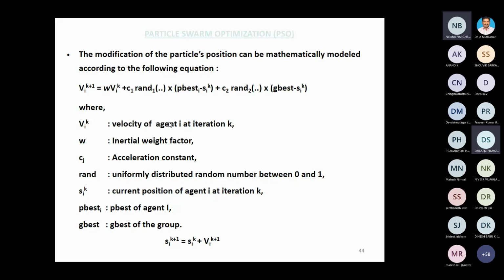Then W is the inertial weight factor. What do you mean by inertial weight factor? It is like the bias factor we have in the architecture of a neural network. The inertial weight factor is also a smoothing value, which should be selected between 0 and 1, in order to match the trained output of your PSO particle with the target particle.